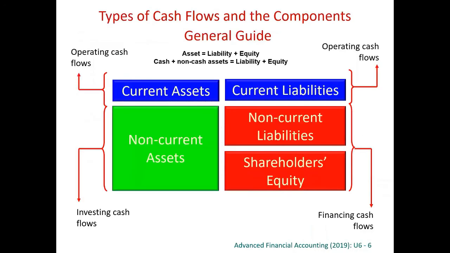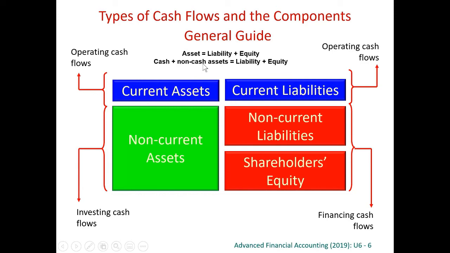So basically, we follow the statement of cash flow, and we complicate it by having a consolidated statement of cash flow. We follow the same general guideline because we understand that assets equal liability plus equity. There are only two types of assets. One is cash and the other is non-cash assets.